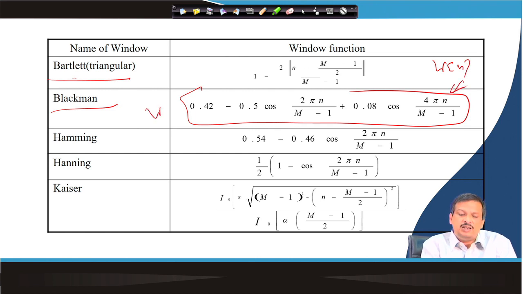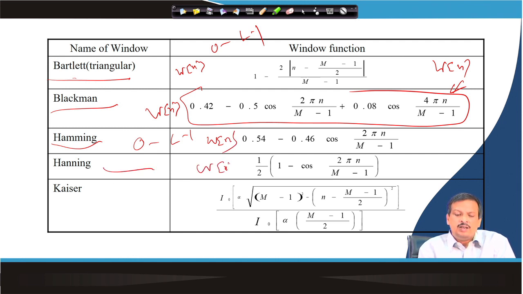Let us say I generate Wn from 0 to L minus 1. I generate the Hamming window from 0 to L minus 1, which is Wn. So, this is the window function. Different window functions I can use to generate Wn.